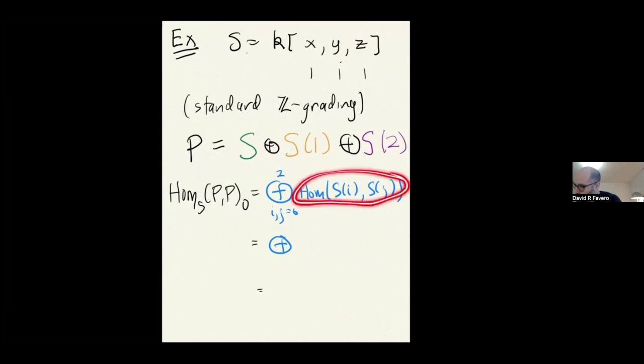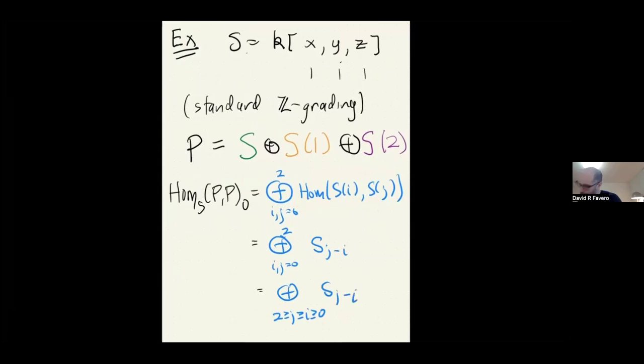This term is really just the degree j minus i part of this ring. In this case, this ring is positively graded, so these will be 0 unless j is greater than or equal to i.